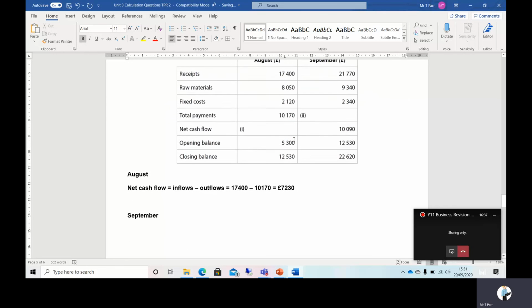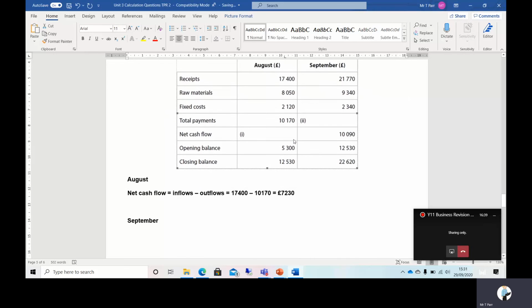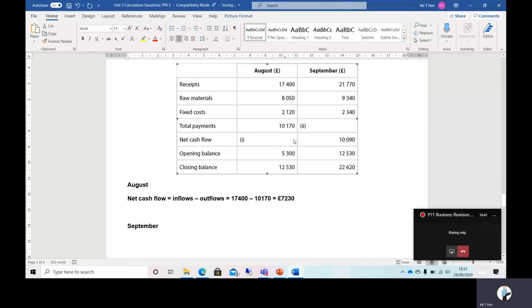what we need to do now is to work out our total payments. Now, when I did the video before, I went through a completely stupidly complicated way of doing it, but it still worked out the same answer. So the key thing is there's more than one way of doing it. Well, this is quite simple. So our total payments for September is basically our raw materials plus our fixed costs.